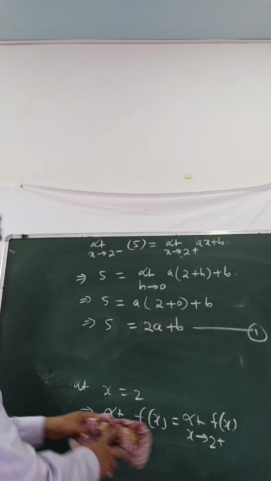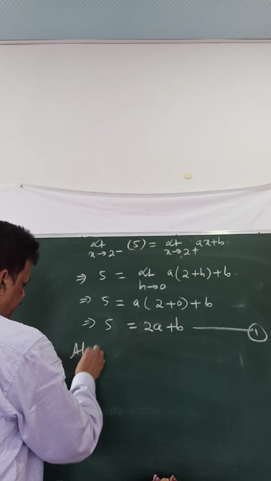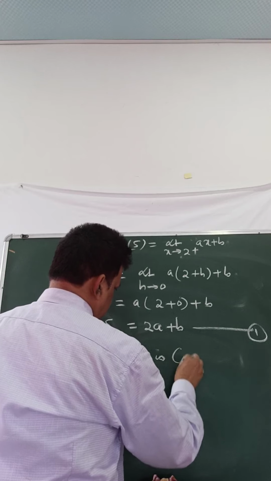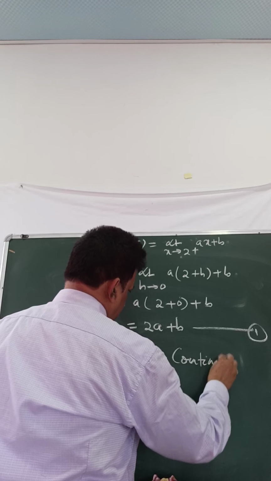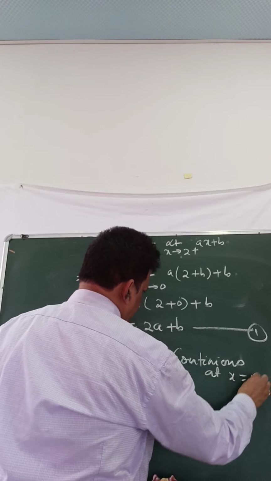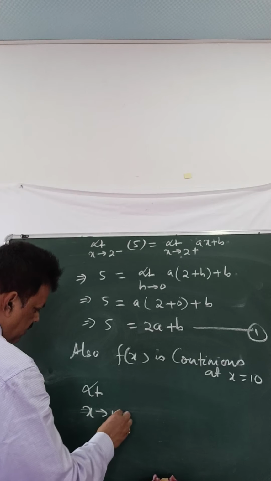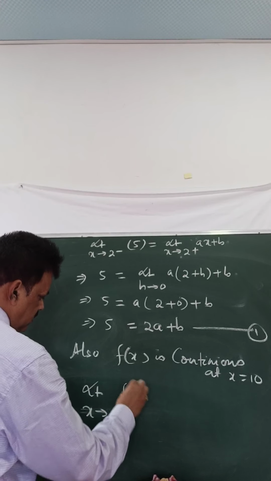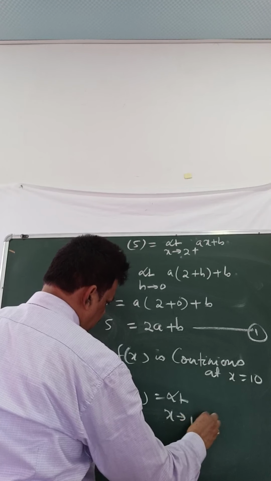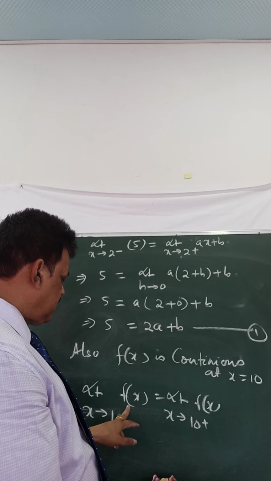Now look at what will be the second equation here. Also f(x) is continuous at x equals 10. So limit x tends to 10 minus f(x) equals limit x tends to 10 plus f(x). 10 minus means less than 10.